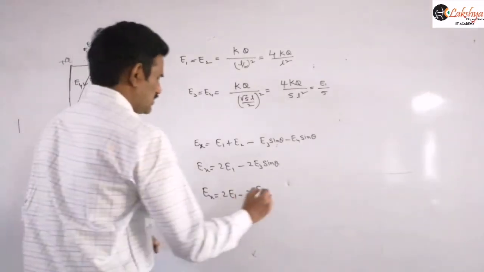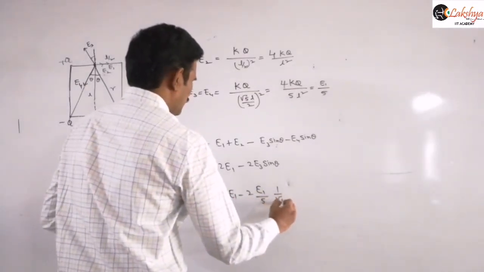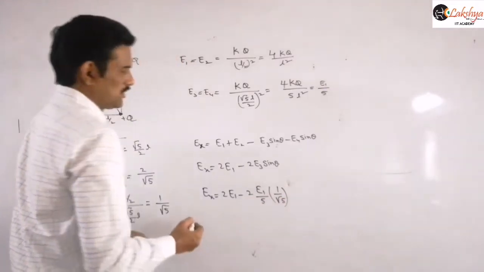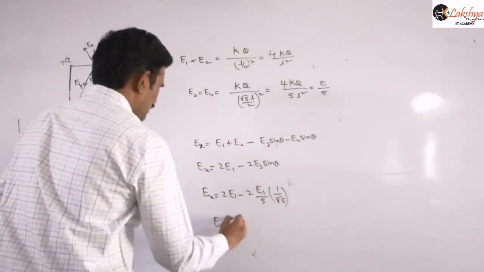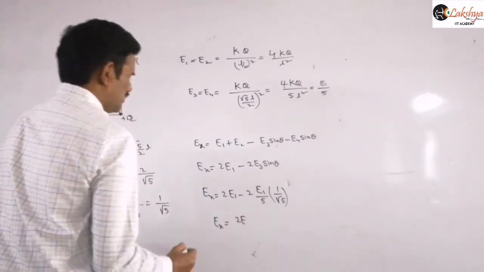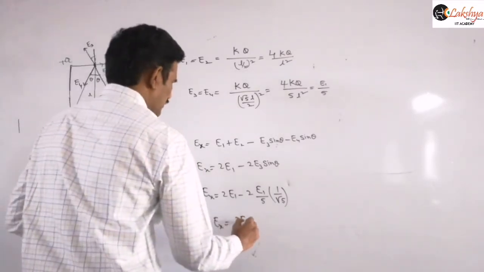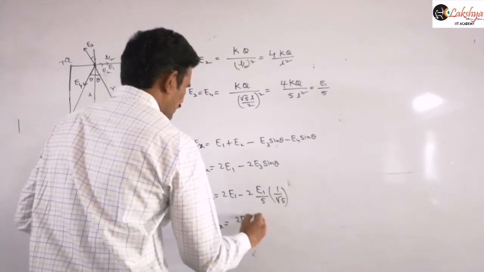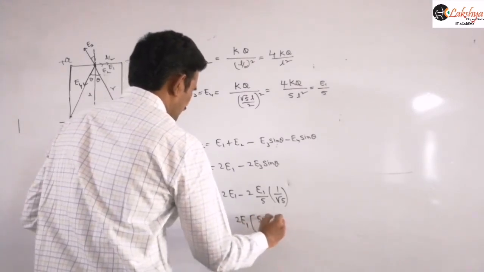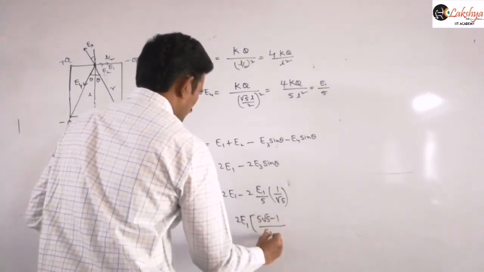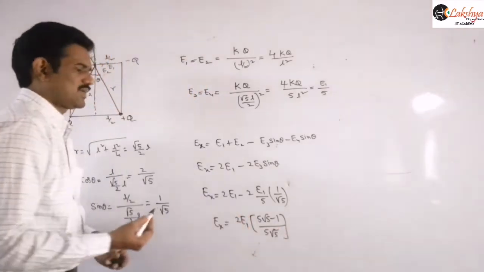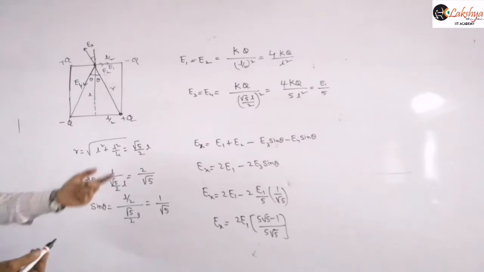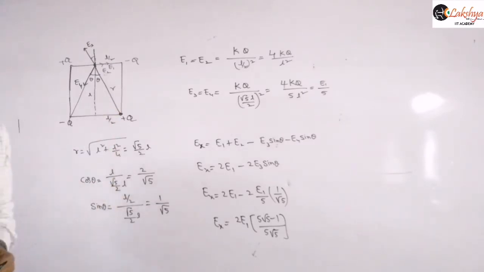The sin theta is nothing but 1 by root 5. So you can simplify this, the Ex value you will get here: 2E1 minus 2E1 by 5 root 5. Right? So this is our x component. And for E1 you can finally substitute that E1 value there.